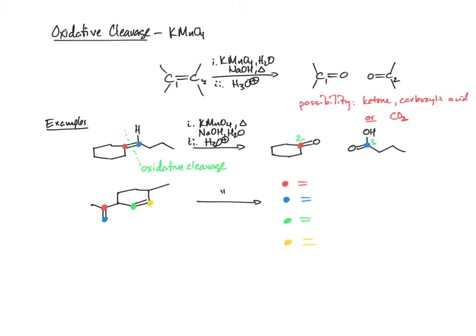So the red, what functional group does the red carbon end up with? The blue, the green, the yellow. Let's just first identify the functional groups, then we'll actually predict what the products are. So the red ends up as what? And you're considering what is bonded to that red carbon.